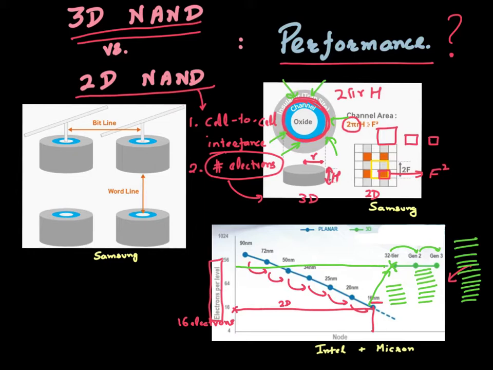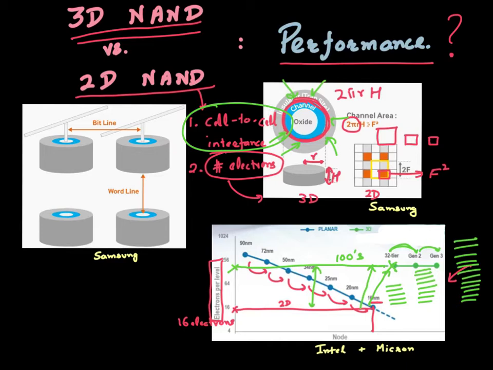And hence you not only have a larger number of electrons per bit, but you can maintain them as you go forward and scale your memory size by stacking more layers. The number of electrons available per bit is in the hundreds, much higher compared to 2D NAND.